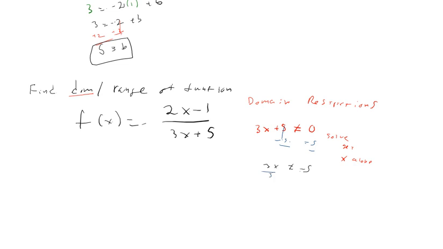X is not allowed to be negative 5 over 3. There's my restriction. So that's the domain restriction, right? And so I will ask you to find one of those. Make sure you know the two restrictions.